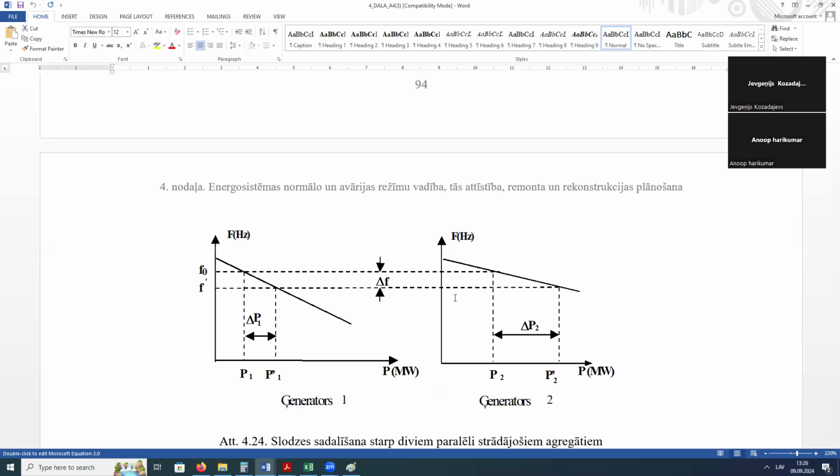When we have a frequency drop, it means that we provide less energy per minute to the end consumer. The power density is decreasing, and the consumer will not receive as much power as it needs.